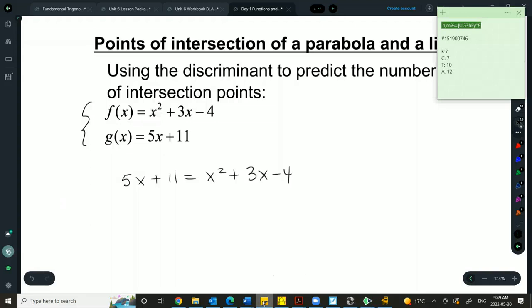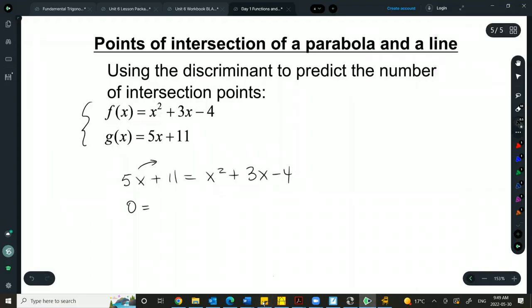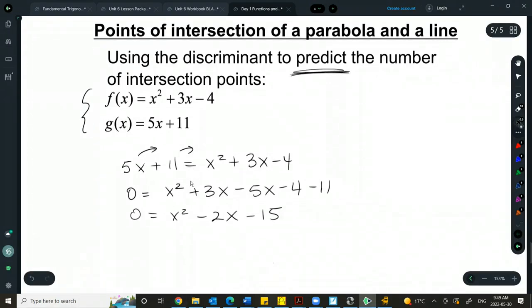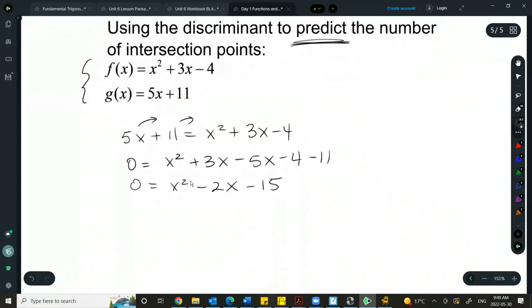I'll move everything over to one side. So I'm going to move the 5x and the 11. And if I'm using the discriminant to predict, I will plug in a, b, c into the discriminant, b squared minus 4ac, at this point right here.